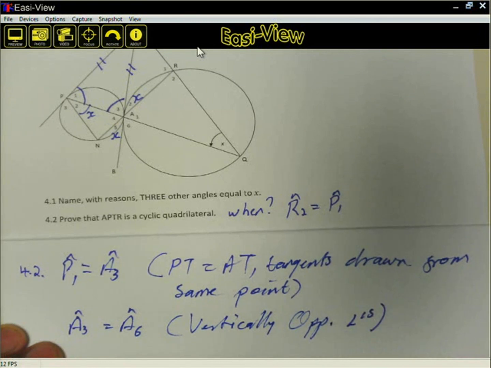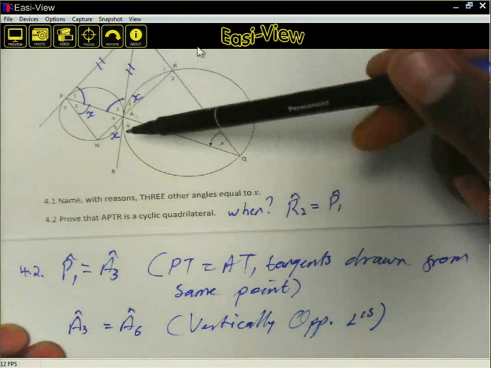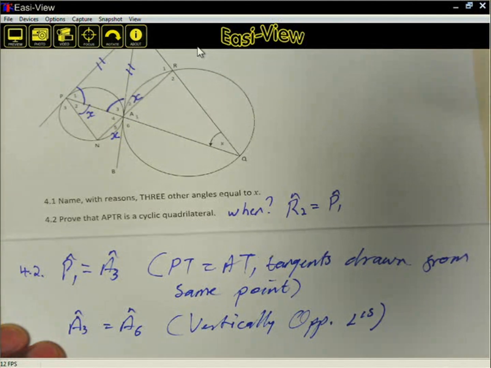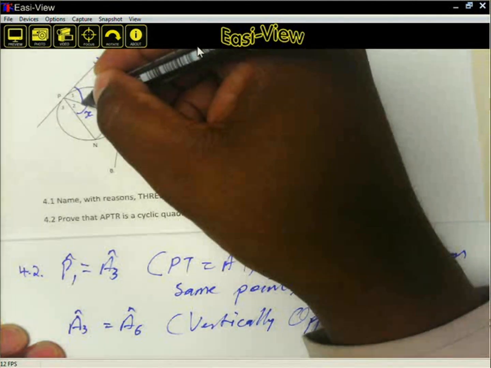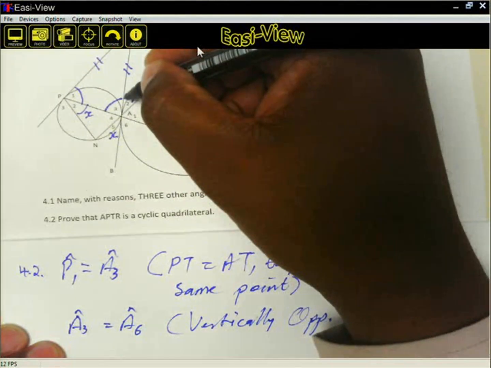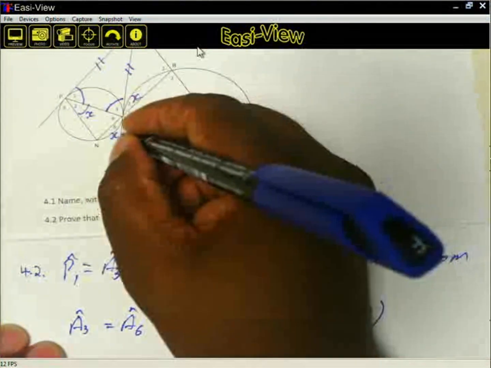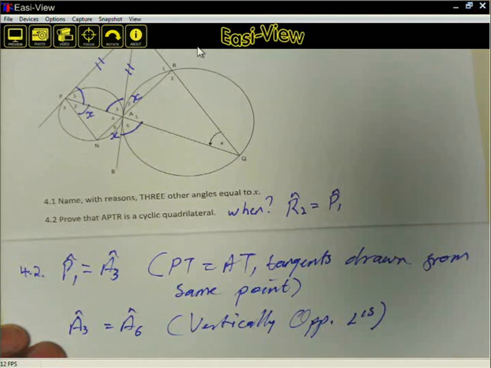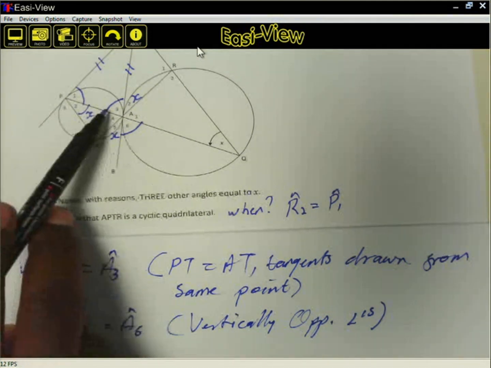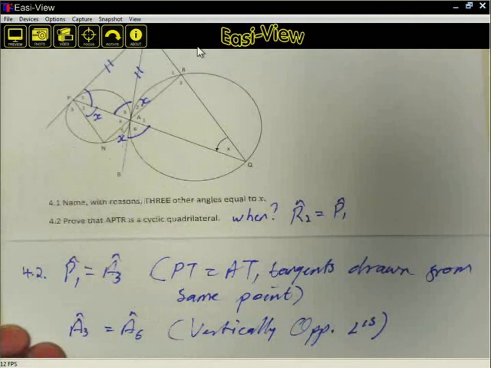Look at A3, look at A6. I'll mark them equal. All the angles that I'm marking will be equal. Remember I said P1, I marked it like this, is equal to A3. Now A3 is equal to A6. Those are the vertically opposite angles. I've marked them the same. All those angles are equal. It means P1 is equal to angle A3 is equal to angle A6.